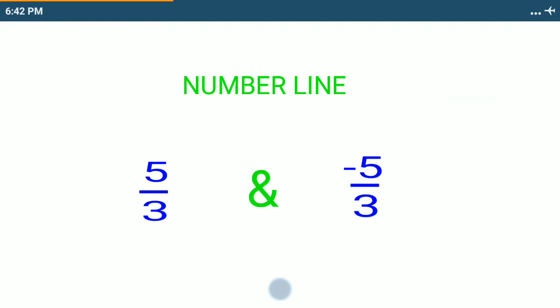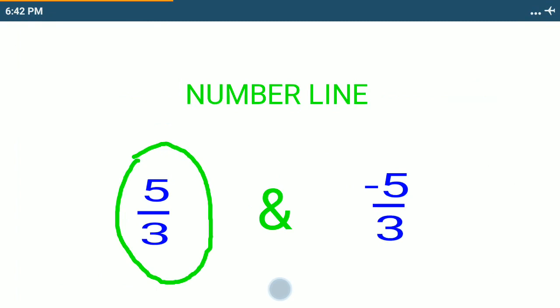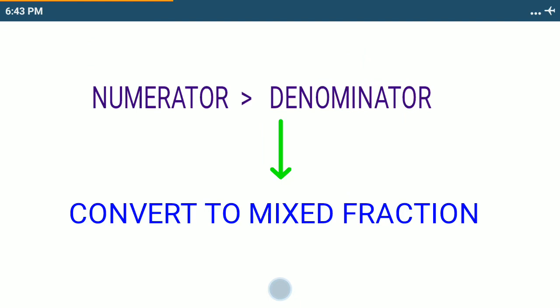Students, we try to plot 5 by 3 first. The first step in such kind of problem, where the numerator is greater than the denominator, is to convert it into a mixed fraction form.